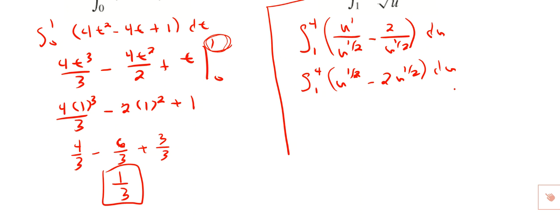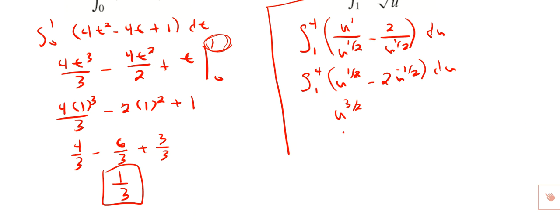Okay, so now we'll find the antiderivative of u to the 1/2 and find the antiderivative of negative 2 times u to the negative 1/2. Okay, u to the 1/2, if we add 1, that's the same thing as adding 2 over 2, so that gives us 3 over 2 as our exponent.